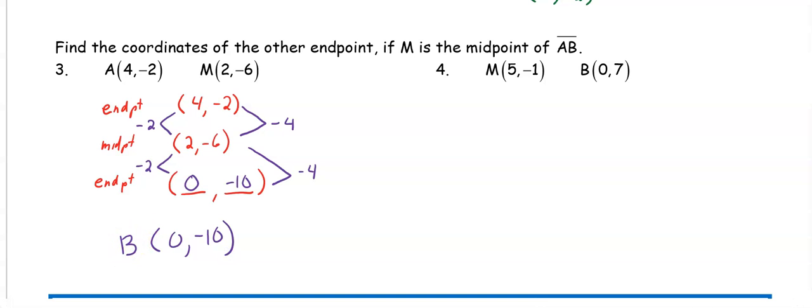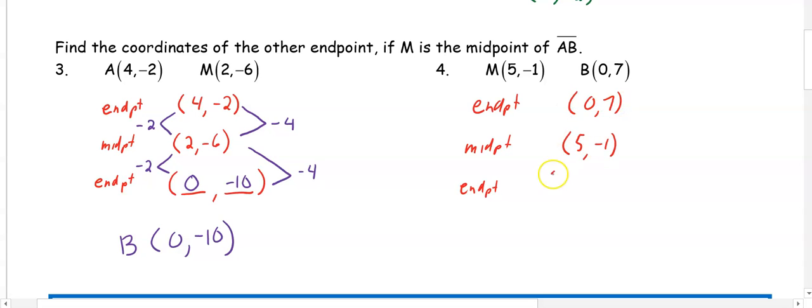In number 4, even though B is the second endpoint, I'm still just going to write my first endpoint that I know at top, then my midpoint, and then my endpoint. So my endpoint is (0, 7), my midpoint is (5, negative 1), and I'm looking for the other endpoint. How did I get from 0 to 5?